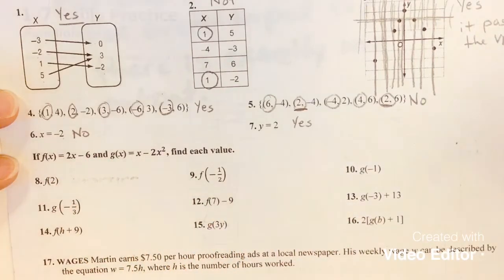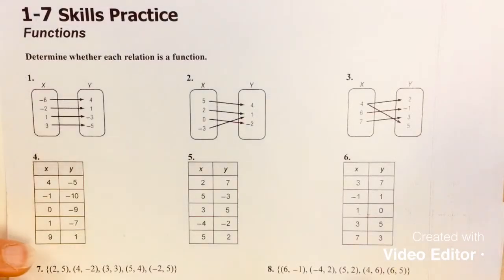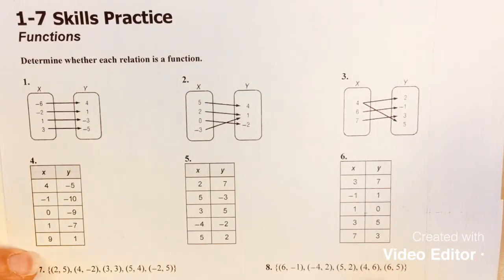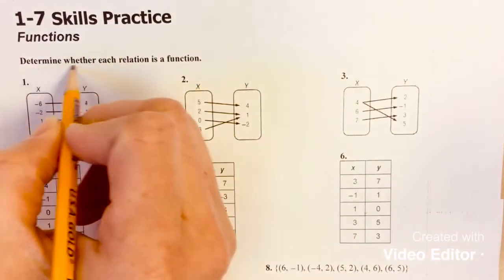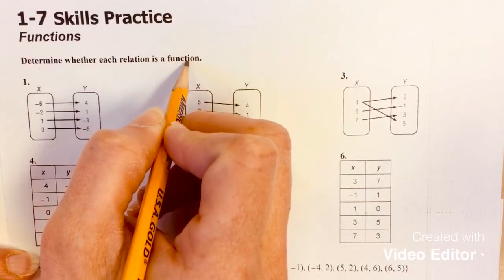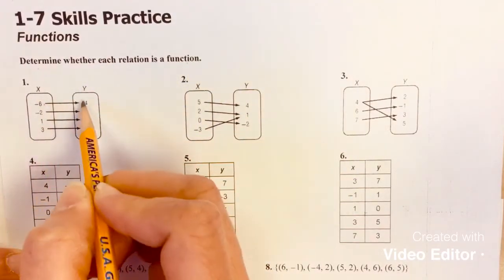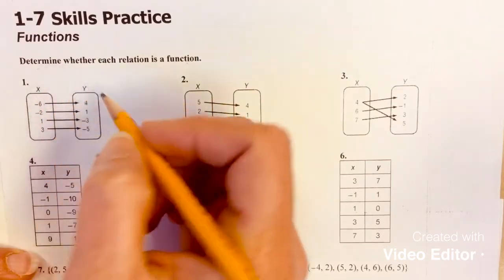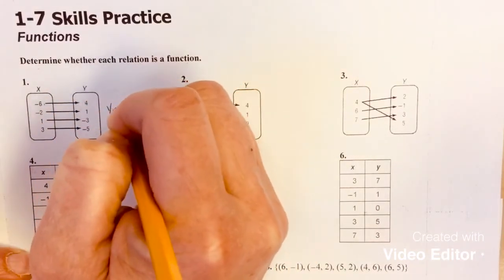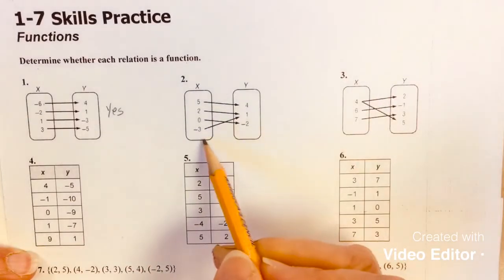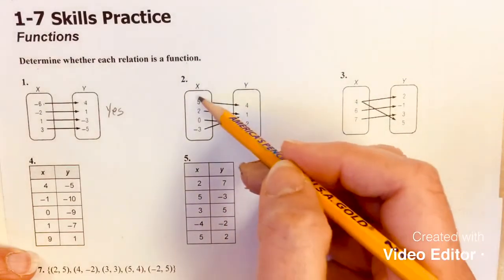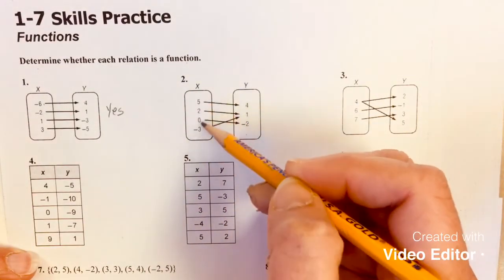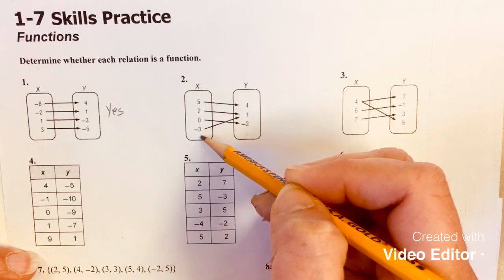The last set of notes I want to go over are these practice problems right here. So again, determine whether each relation is a function. From what you can see, do any of these repeat? They do not repeat, so yes, it's a function. What about this mapping? Do any of these repeat or have more than one arrow coming from it?